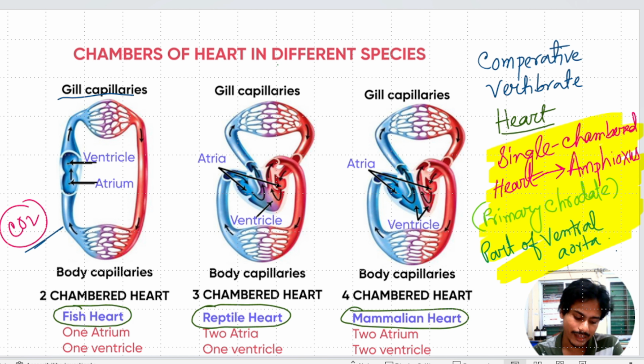The gill capillaries are there in the gill. The blood becomes oxygenated, O2 oxygenated blood, and goes to the body, and after that this cycle goes on. This is a fish heart with one atrium, one ventricle. So this is the two chamber heart, and this circulation is also known as the gill circulation.